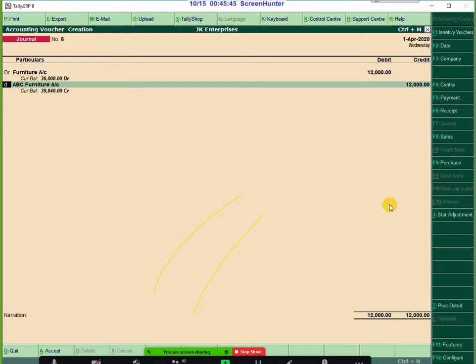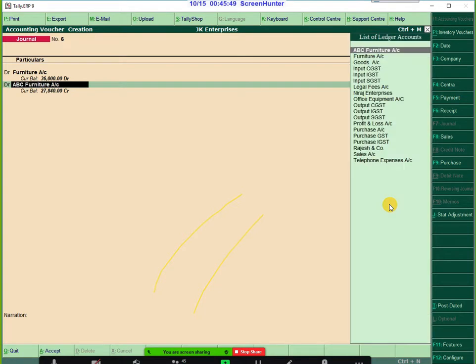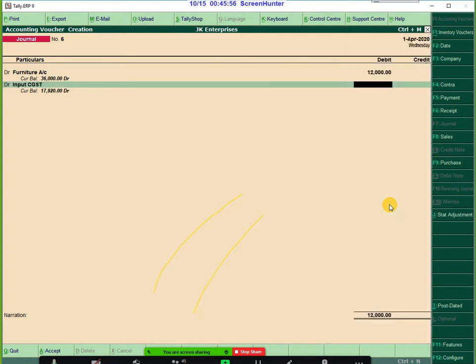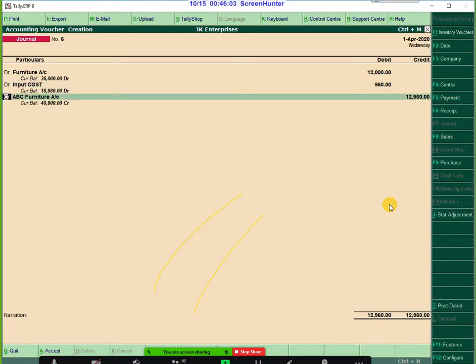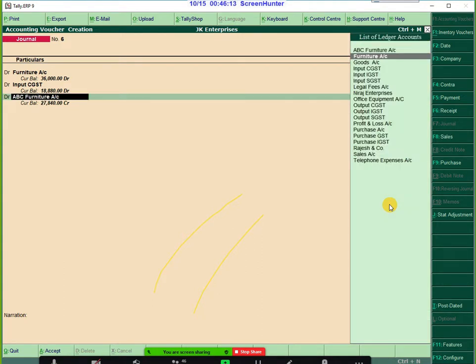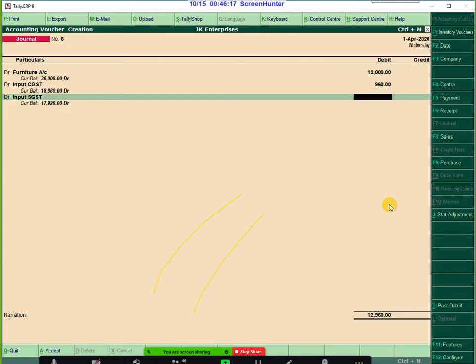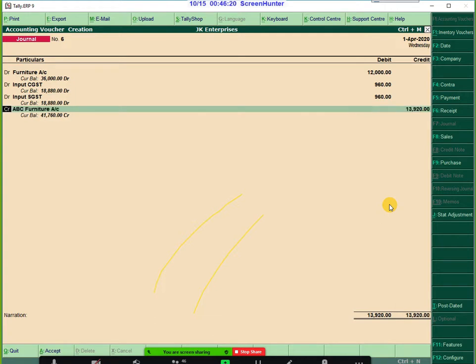Again debit, tax account, input CGST 960, sorry, okay, debit against SGST, input SGST 960, and credit goes to ABC Furniture Shop for 13,920 including the GST. Clear?